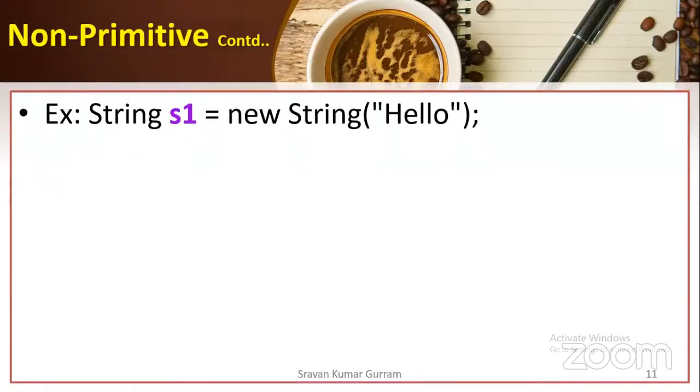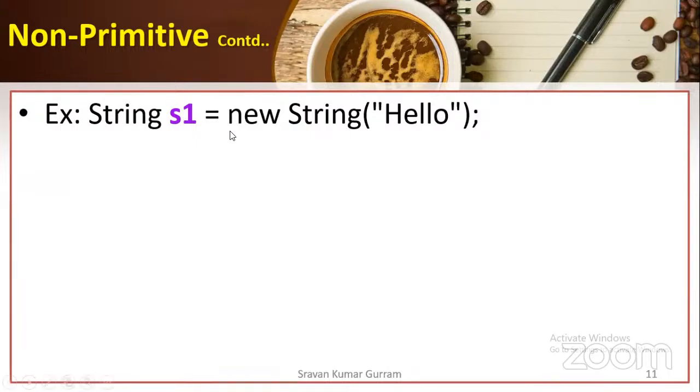See now, for example, I am creating an object of String type. String is a data type, but it is a non-primitive data type. S1 is my object name. We already covered how to write the creation of an object.